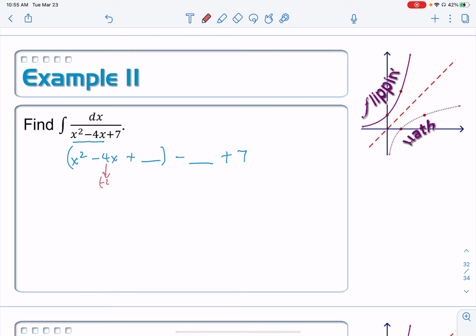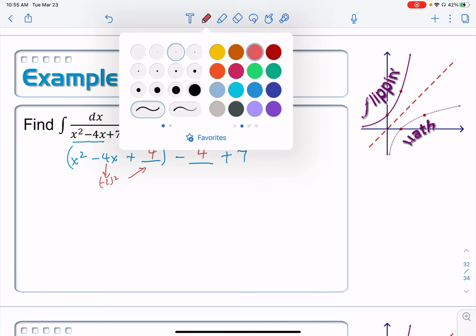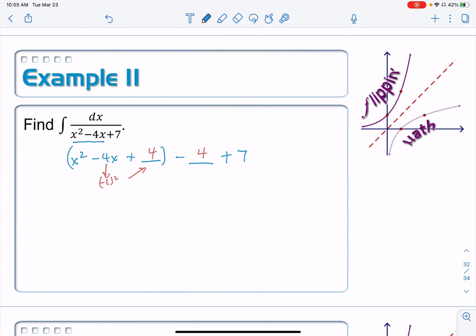It's a -2, which you're going to square, and that's going to be a 4. We don't have a leading coefficient other than a 1, so what I added inside the brackets is what I've got to subtract on the outside of the brackets. So the completion of the square would be x minus 2 quantity squared. Combining those constants, we get a 3.